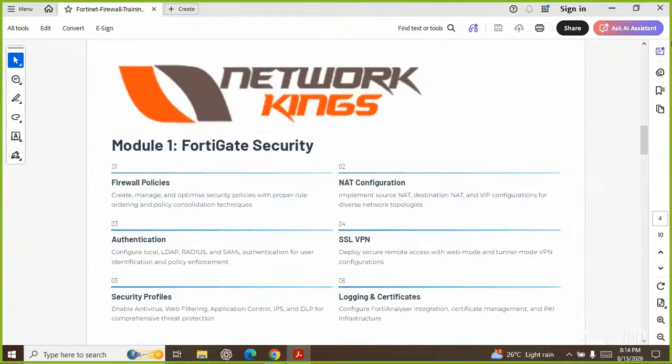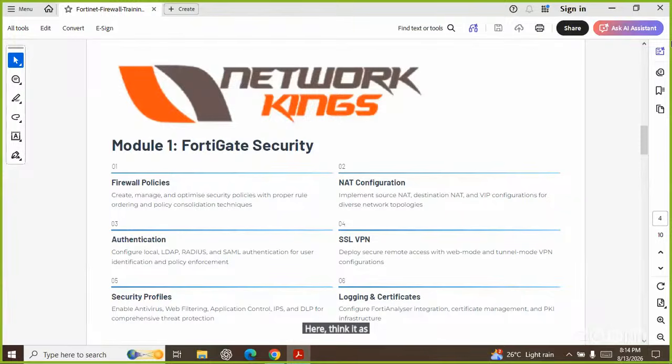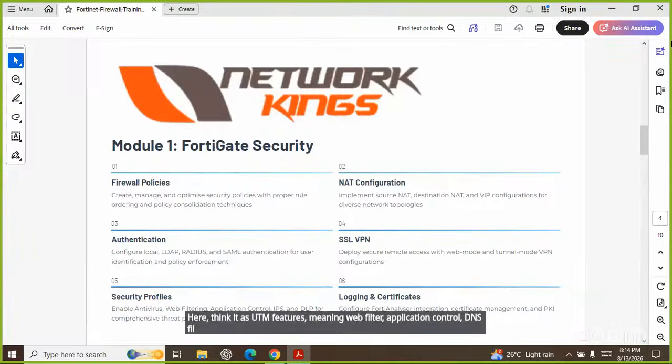So here, what we are seeing is that module 1, which is FortiGate security, is covering topics like the concept of firewall policies, NATing, authentication concepts, SSL VPN, security profiles. When you see the words security profiles here, think of them as UTM features, meaning web filter, application control, DNS filter, file filter, video filter, IPS, antivirus, right?